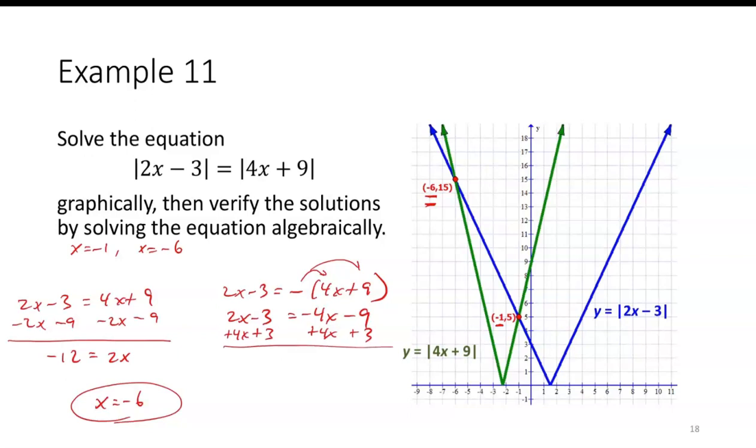What I'll have is 2x plus 4x is 6x. And then minus 4x plus 4x is 0. Minus 9 plus 3 is negative 6. And now if you divide by 6, we end up with x equal to negative 6 divided by 6, which is negative 1. And that matches the other answer. x equals negative 1.